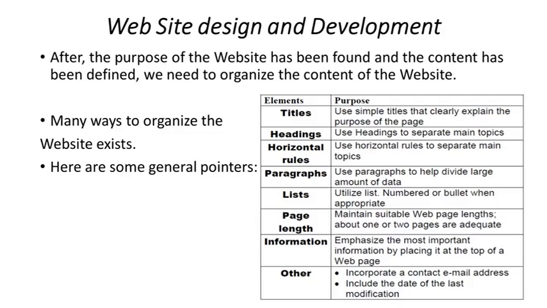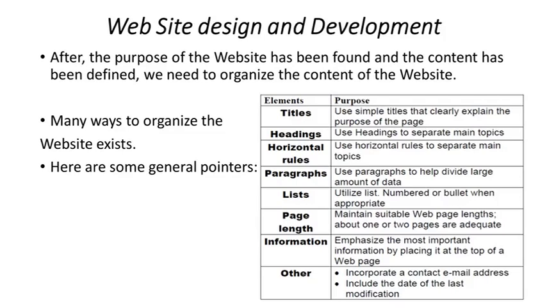So we have some elements which are given, for example, like we have titles, we have heading, we have horizontal rules, we have paragraph, list, page length, information, and others. I hope all those things like title, heading, horizontal rule, paragraph, list, these topics all we have seen in our HTML chapter. So I hope you have some information or you have some knowledge about this.